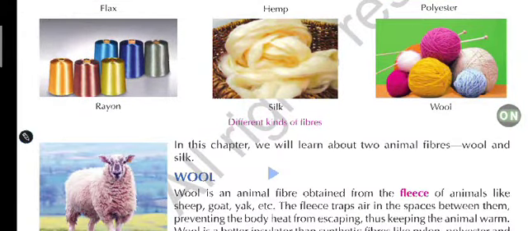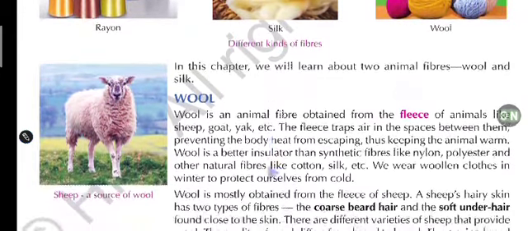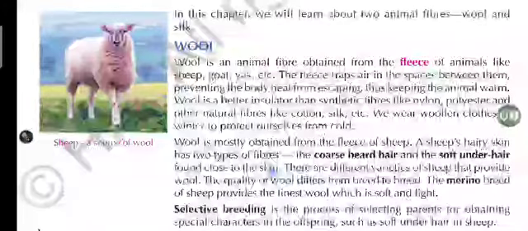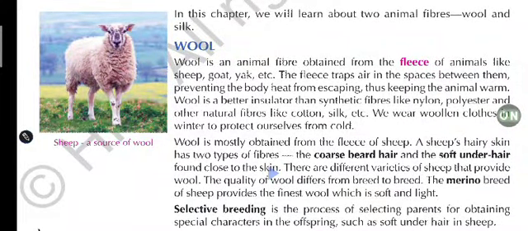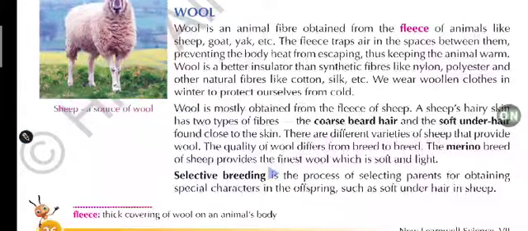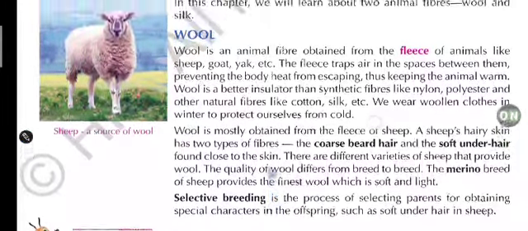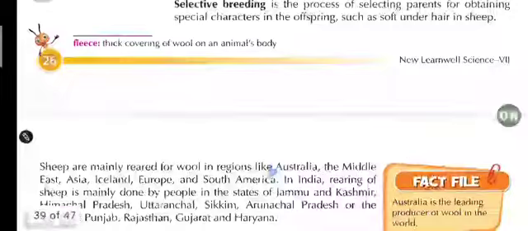Here we talked about wool and the different animals from which we can obtain wool. Especially we talked about sheep, merino sheep, and besides sheep there are other animals like the angora rabbit, angora goat, and some yaks. They also produce wool.